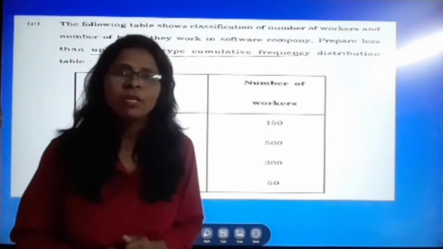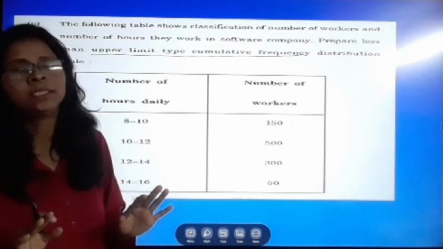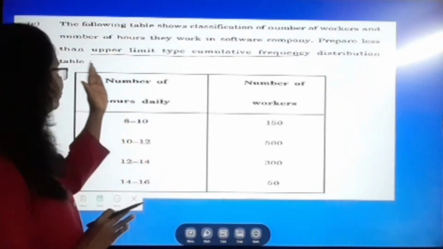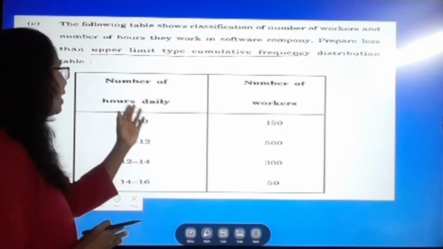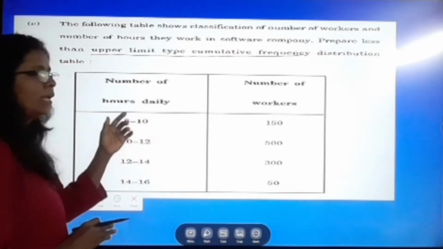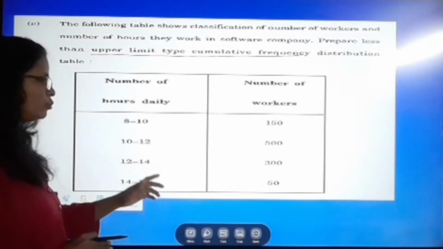Okay, so now here students, first we write down the table as it is. Prepare the first column as it is, number of hours daily, that is from 8 to 10, 10 to 12, 12 to 14, 14 to 16.